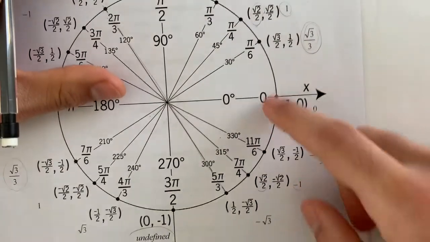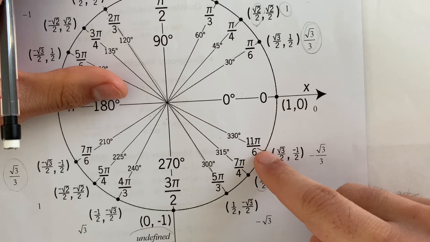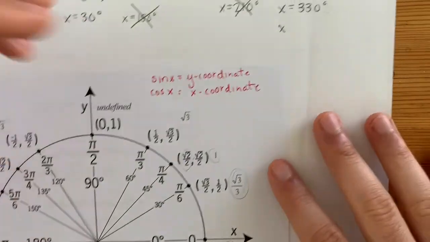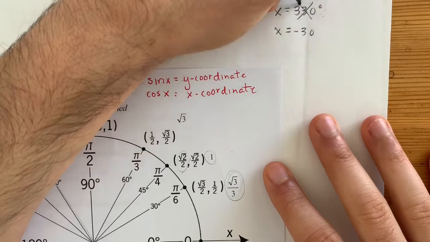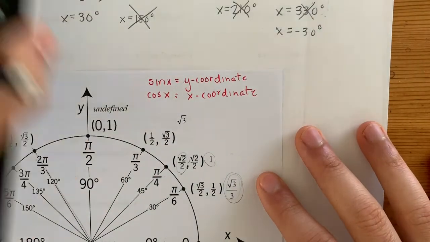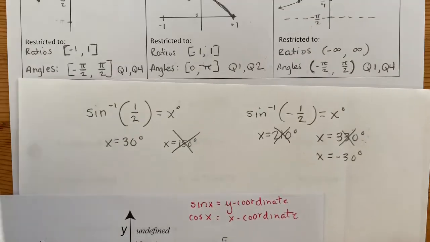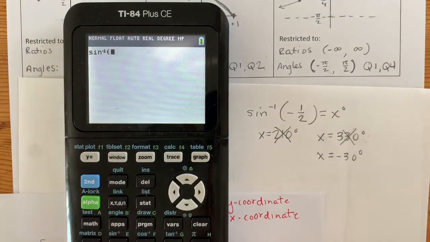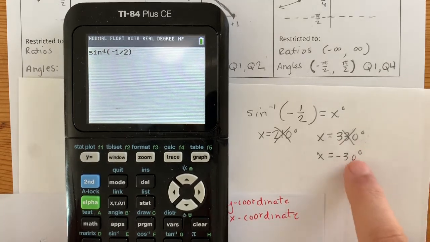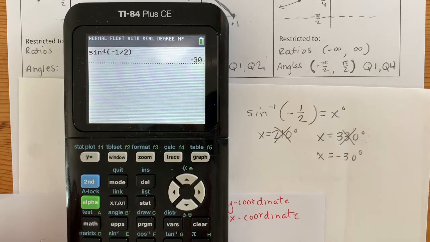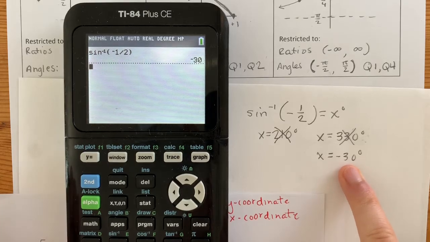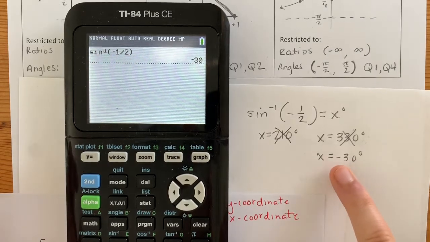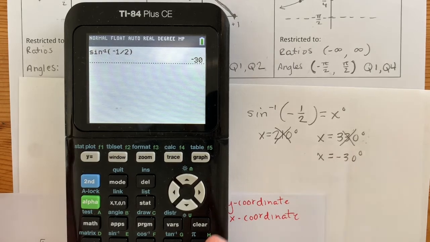Well, you just have to go negative 30 degrees. Negative 30 is the answer, not this. So if I put inverse sine of negative 1/2 in my calculator, I should get negative 30 as the answer, not 330. There it is. So the answers are always still going to be like 30, 60, 45, but they might be positive or negative in this case.